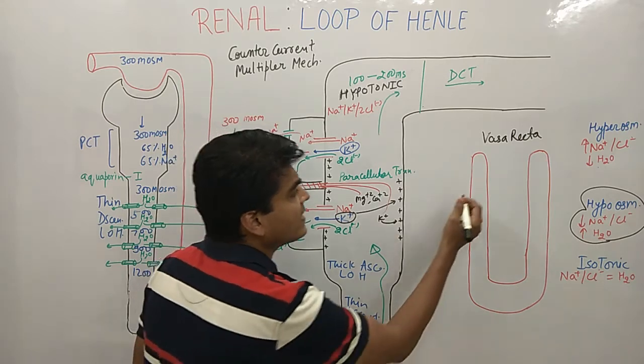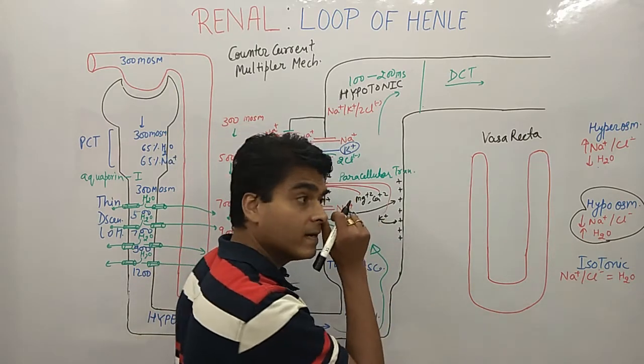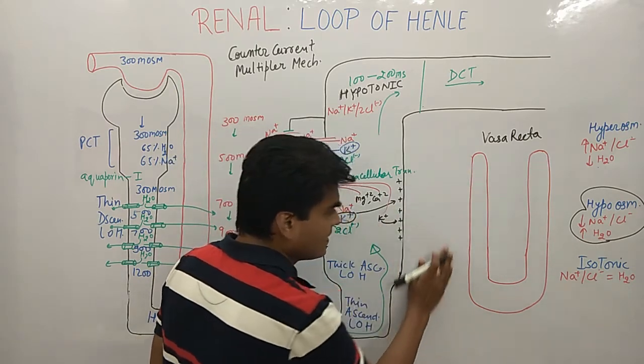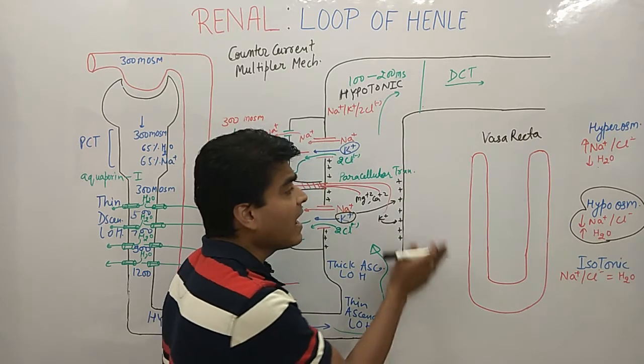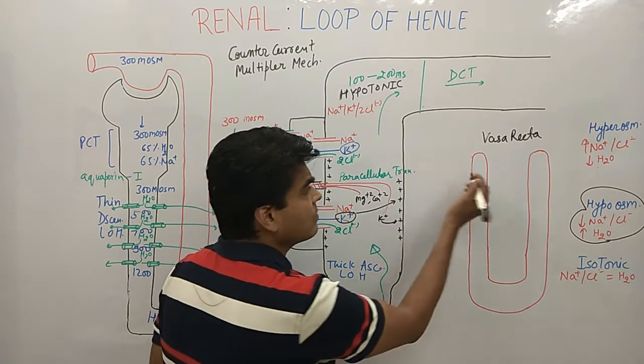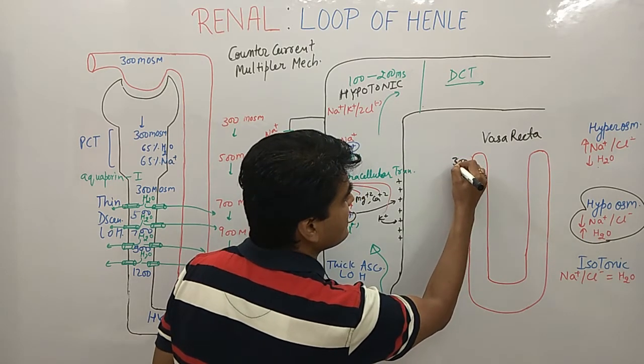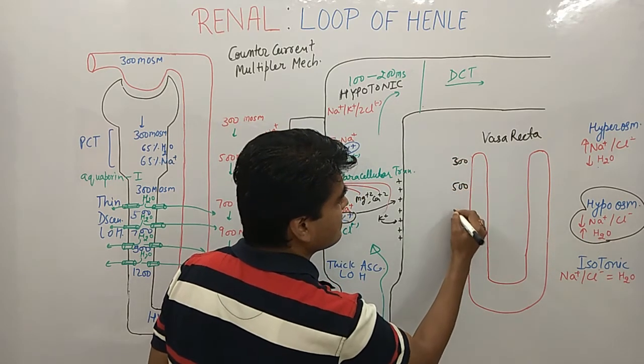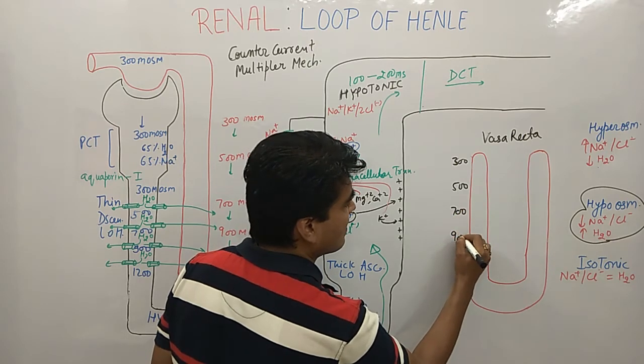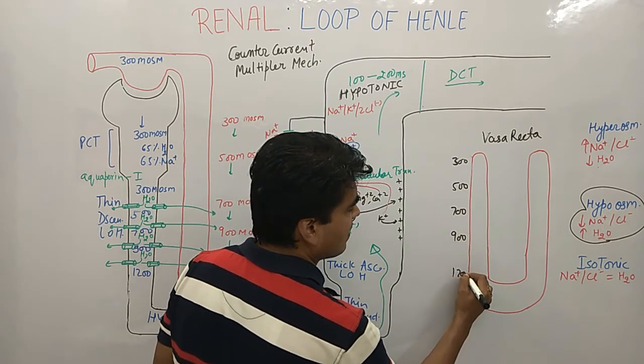Now look at what happens in this area. On this side there are too many ions. Again the osmolarity is 300, 500, 700, 900 and 1200.